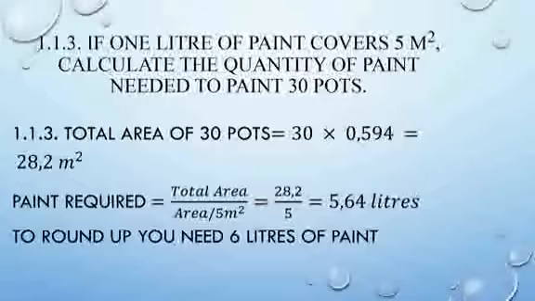So we are going to say 28,2 divided by 5. The 5, remember, is the area where 1 liter can paint. So now the answer will be 5,64 liters. So it will require 5,64 liters to paint all those particular 30 pots.